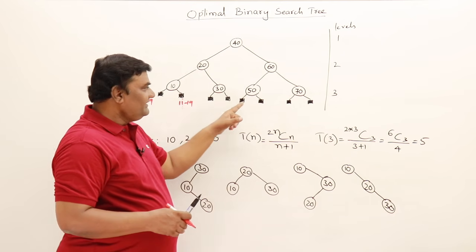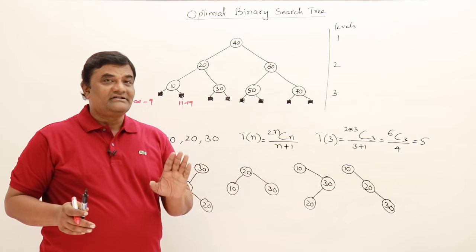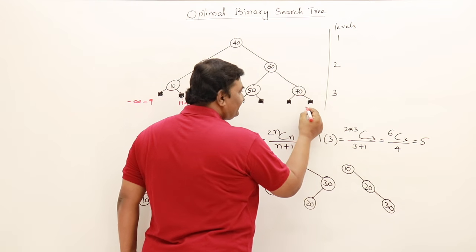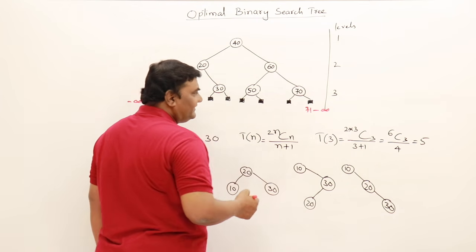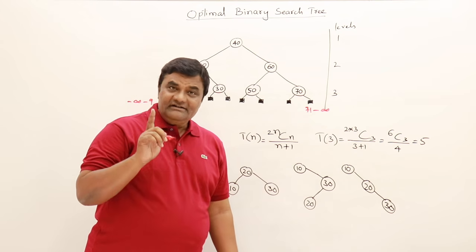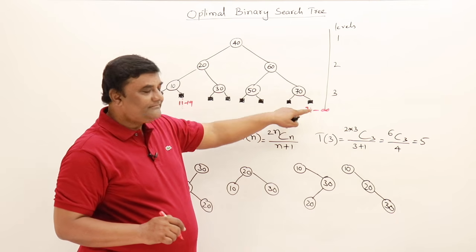Then similarly, all these are representing not one value, but the set of keys for which search may be unsuccessful. If you see this last one, this is representing 71 to positive infinity. Any number you search greater than 70 in this binary search tree, the search will terminate here.